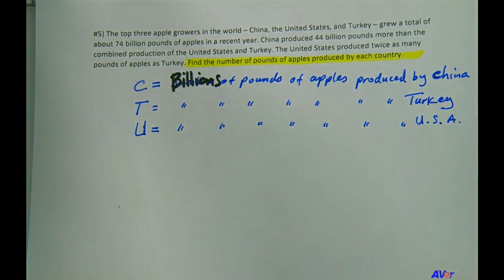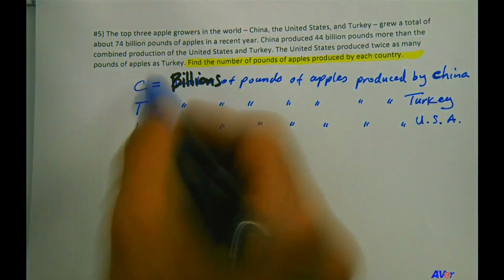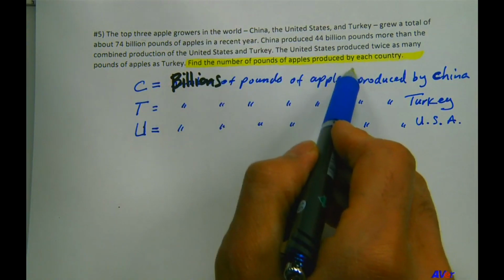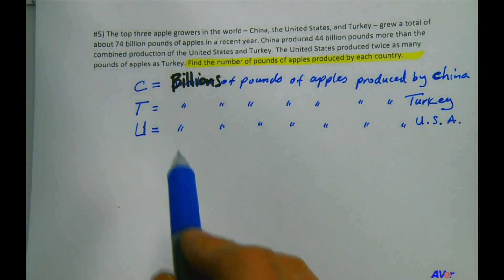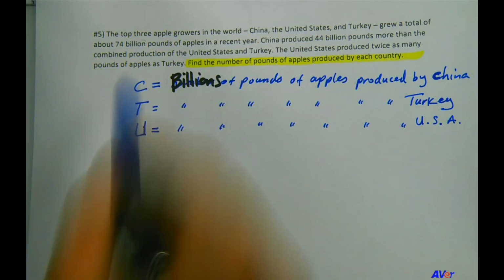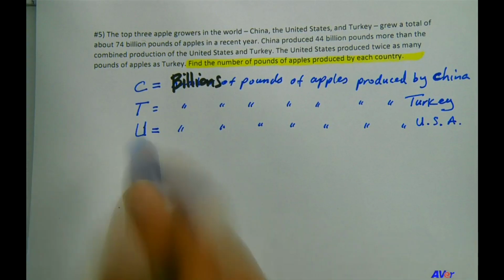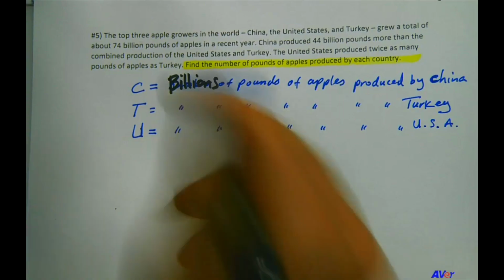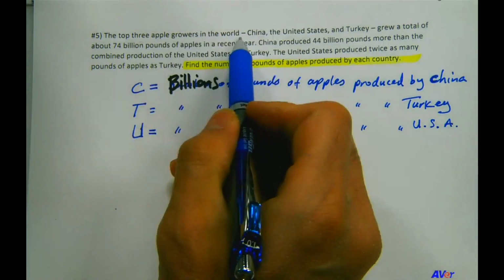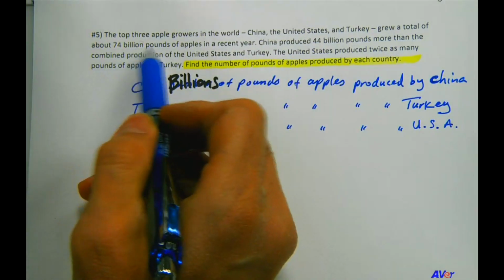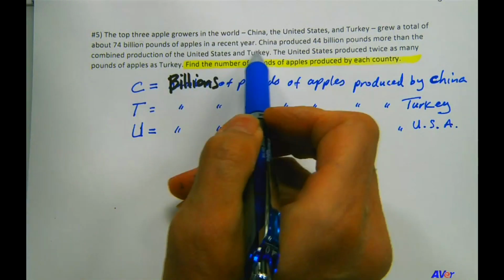Okay. All right. Now that we have these three variables, which reflect what we're looking for, let's set up the information. Let's set up the equations we need, right? We're using these variables. Without introducing these variables, we could not do it. So the top three apple growers in the world, China, United States, and Turkey, grew a total of 74 billion pounds of apples in a recent year.